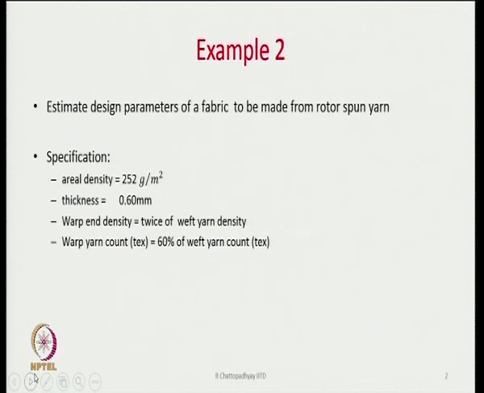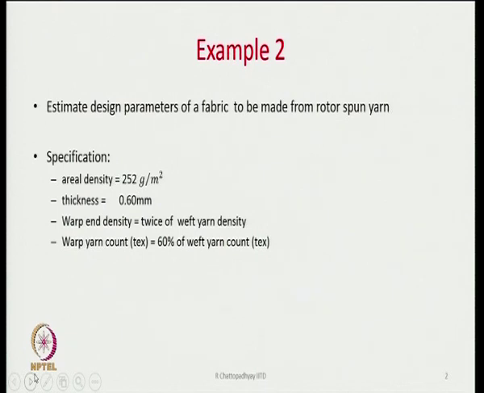What are the specifications? The aerial density should be 252 gram per meter square. This is the GSM of the fabric. The other thing is thickness. The fabric should have a thickness of 0.6 mm. Warp end density should be twice the weft yarn density.